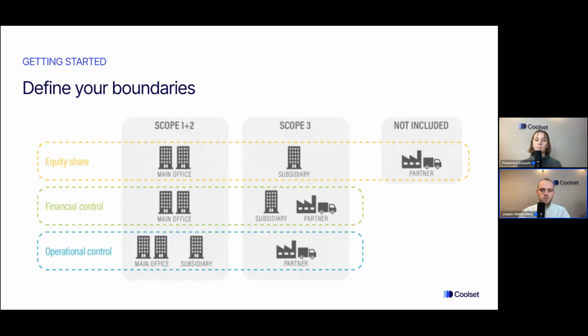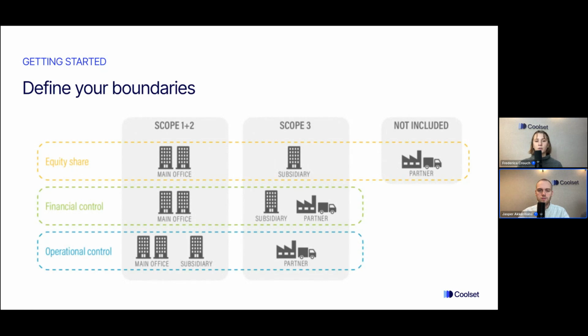Therefore, the emissions from the main office and subsidiary fall under scope 1 and 2. And the partner, they don't have operational control over, so the partner controls their own operations, but because the partner's emissions will contribute to the supply chain, they count as scope 3 emissions.